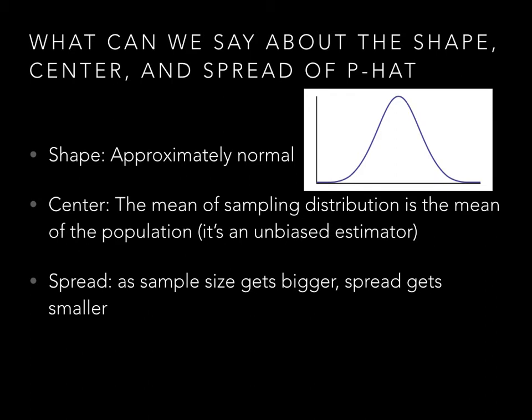And the spread, as per usual, as the sample size gets bigger, the spread gets smaller. Boom. So essentially, we can do everything we've been doing with normal distributions with sampling distributions of proportions.